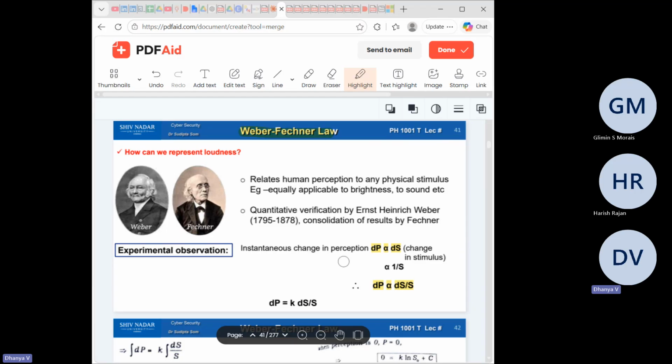It's a very interesting story on how this actually started. The experimental observation was that they closed someone's eyes and kept 100 grams of weight on their hand. The person was informed that 100 grams had been kept on the hand.